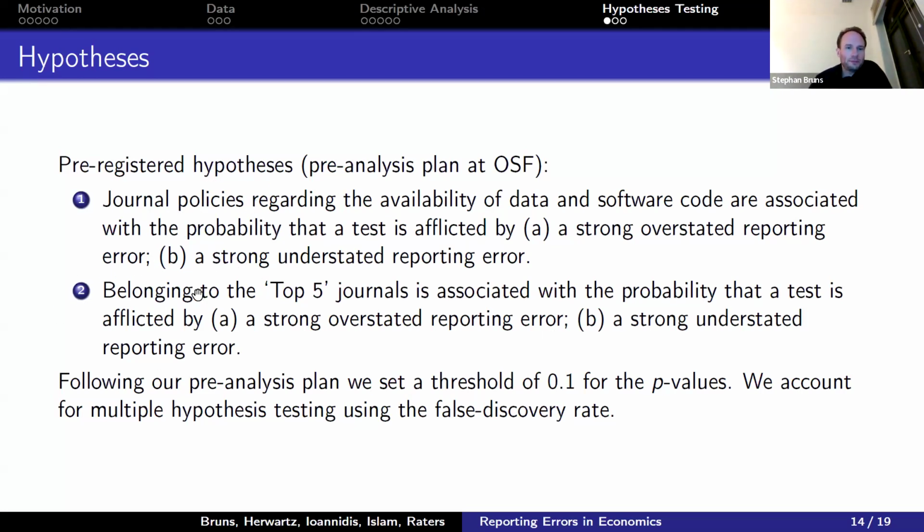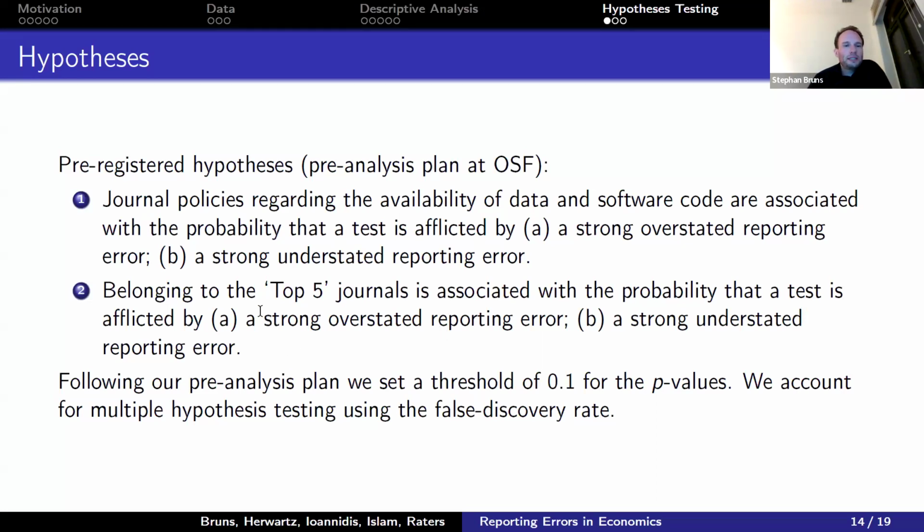The second one is the top 5 journals in economics. So in the economic research domain, there are 5 journals that are named the top 5, and they are very prestigious. Publishing in these journals helps a lot to advance the career. And we were interested in whether top 5 journals are also associated with strong overstated or understated reporting errors.